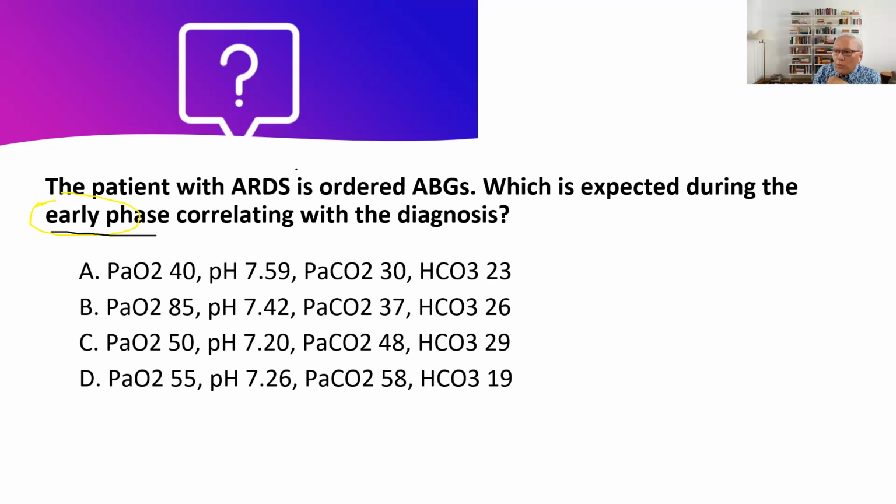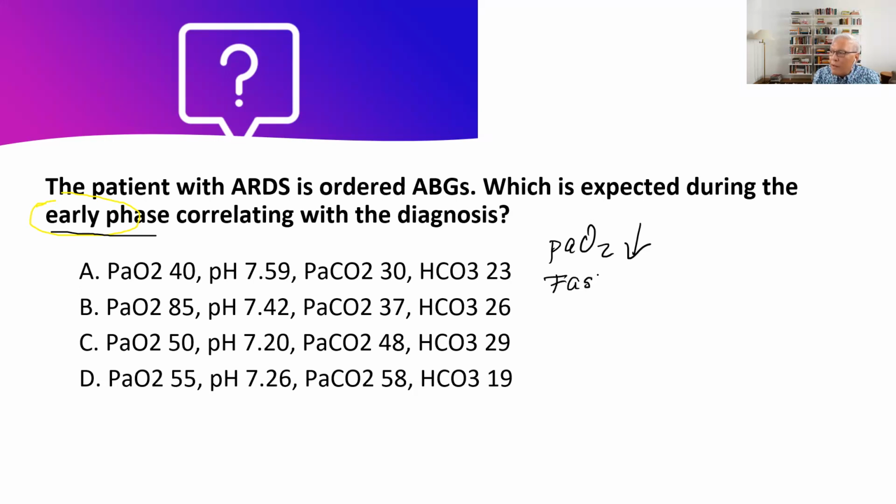All right, so in the early stages of ARDS, what happens to your PO2? Your PO2 is going to decrease. Now, what happens to the respiratory rate? Is the respiratory rate going to be normal, fast, or slow? Fast, okay.